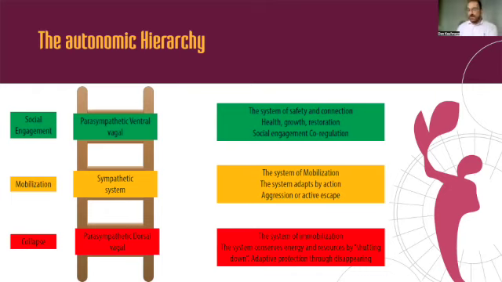Usually, if everything is okay, there's no danger, we're feeling good, then that's when the green, the ventral vagal component, is in charge of the system. When the system is feeling safe, we feel connection, health, growth, we are socially engaged, we can co-regulate with other people. That's usually when we start.